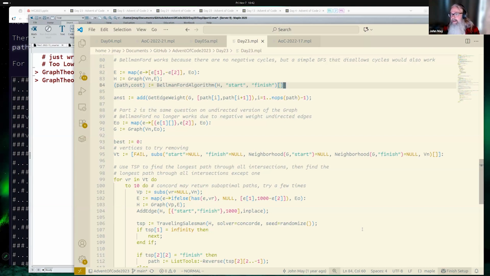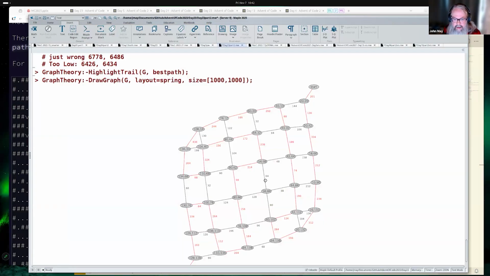It turns out that you're not required to visit all of the intersections. You're just required to find the longest path. And it turned out that visiting this node in the maze caused you to detour away from the most expensive paths.